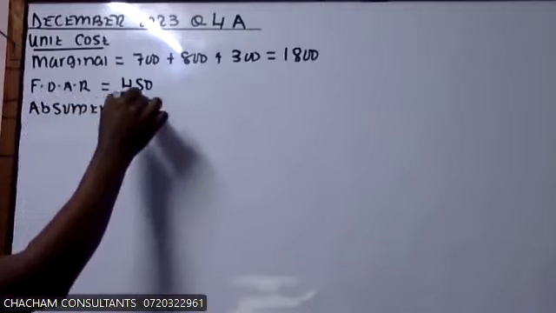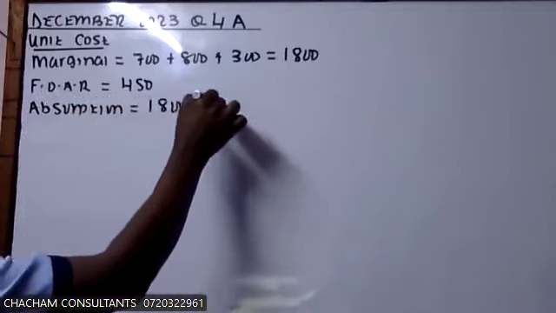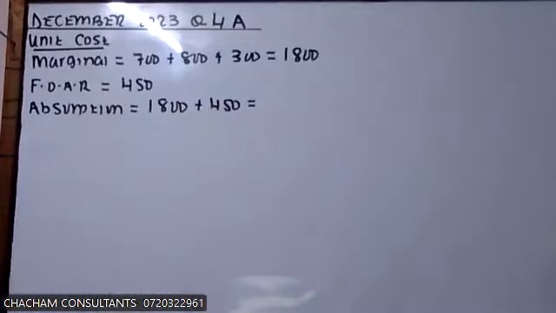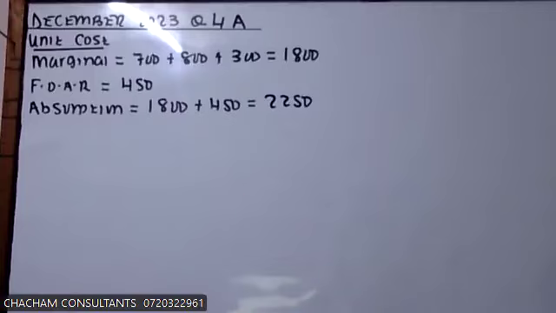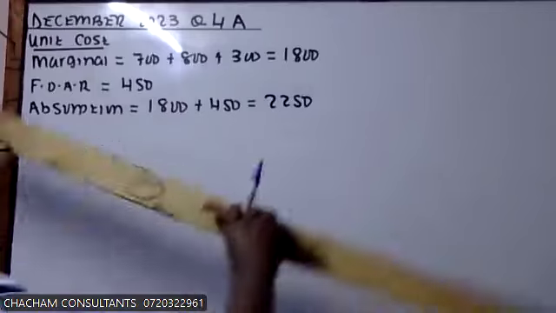So absorption takes the marginal, that is the variable, and you add the fixed 450. So when you do so, you get $22.50.